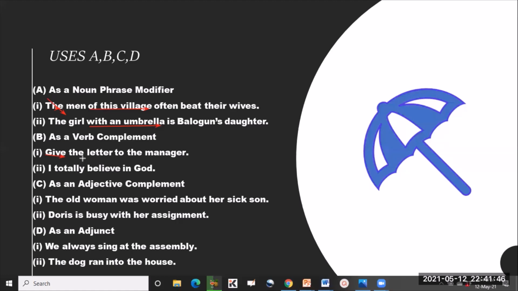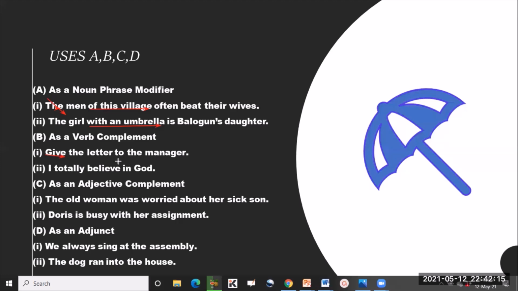And so the verb give is a transitive verb, which is a verb that is used with an object. And here we have a direct object and an indirect object. Give the letter. The letter is the direct object here. The manager is the indirect object.